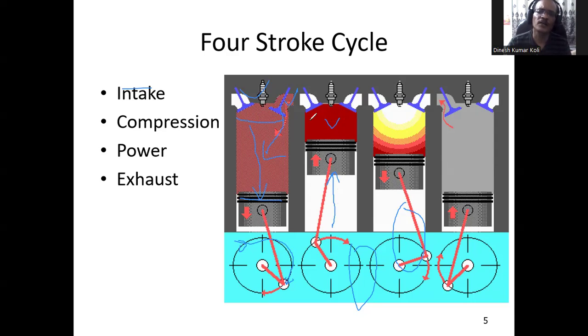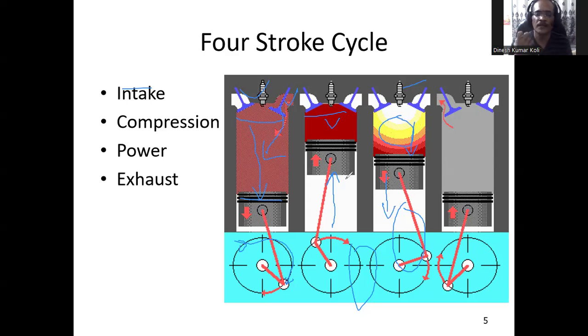Now at the end of the compression process, in the third stroke, with the help of the spark plug we give the spark, and the air fuel mixture combustion takes place. By the combustion, it forms the exhaust gases or hot gases. The hot gases apply force over the piston and the piston moves downward.